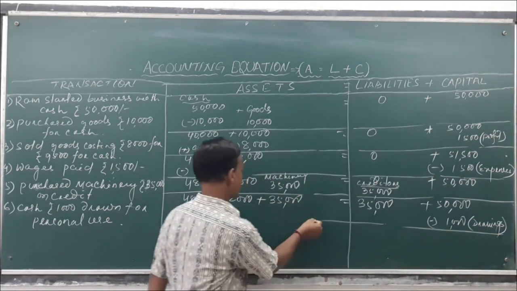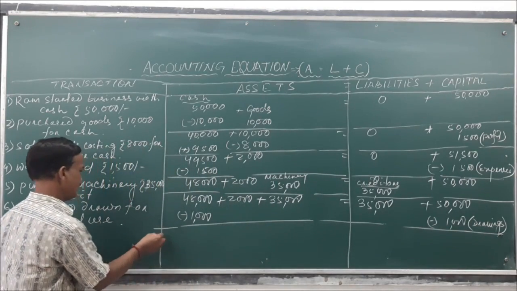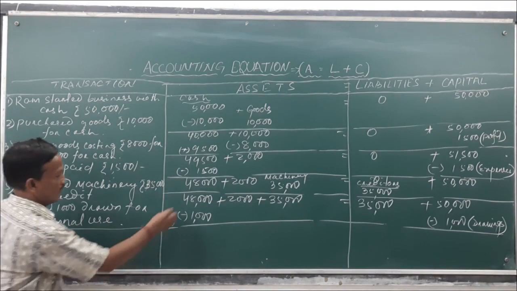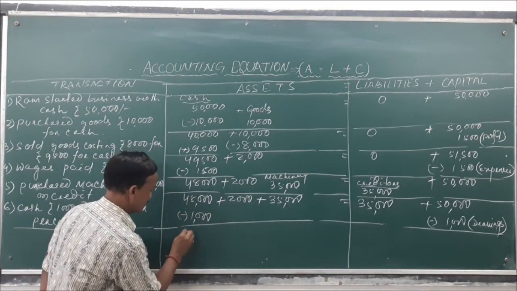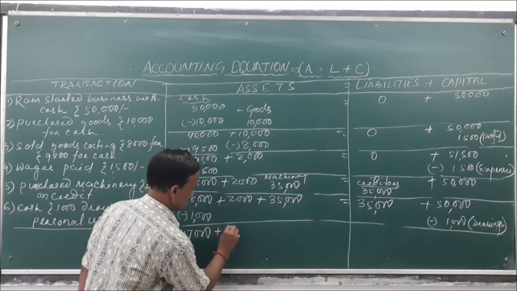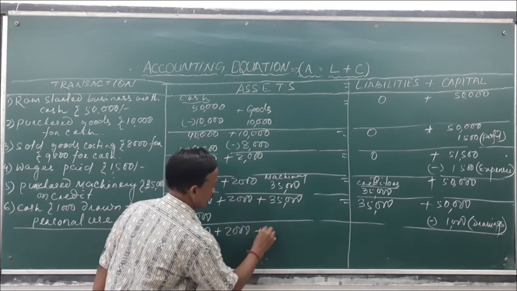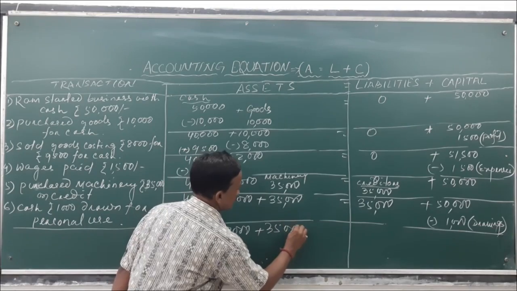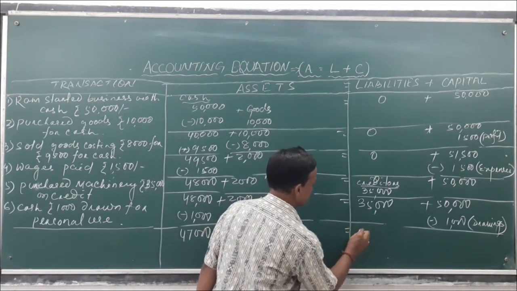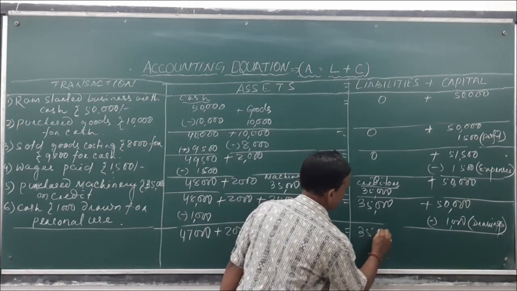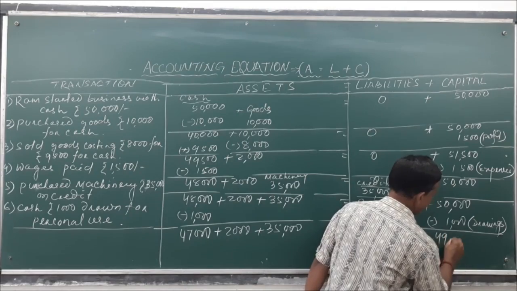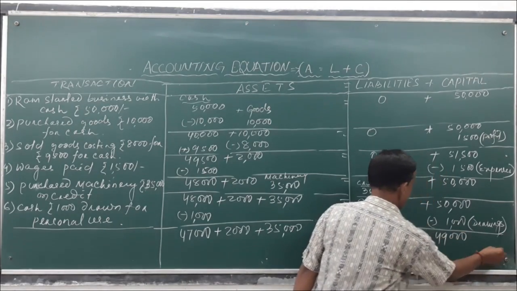So after this transaction, your accounting equation is: assets, 47,000 cash, 2,000 goods plus 35,000 machinery, equals 35,000 creditors plus 49,000 capital.